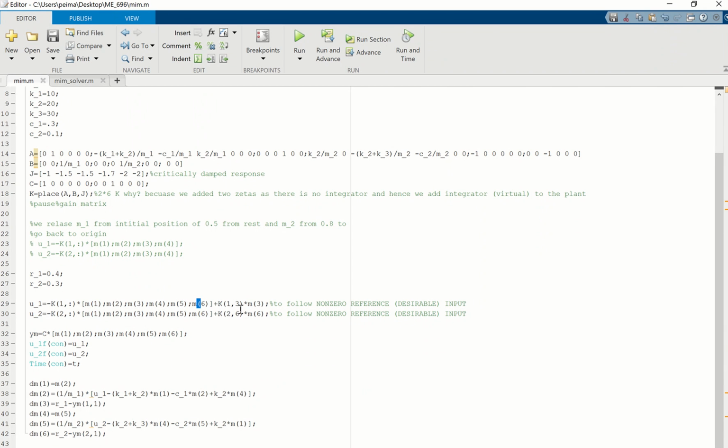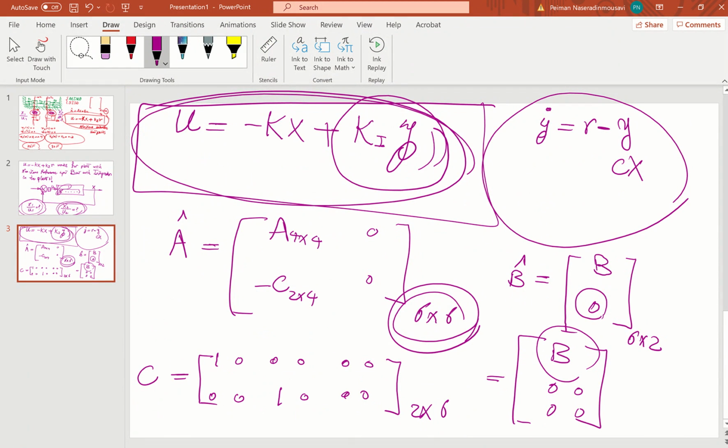That's right. And now K in zeta for each of them. u1 is going to be minus Kx plus k1 zeta 1, and u2 is going to be plus k2 zeta 2.